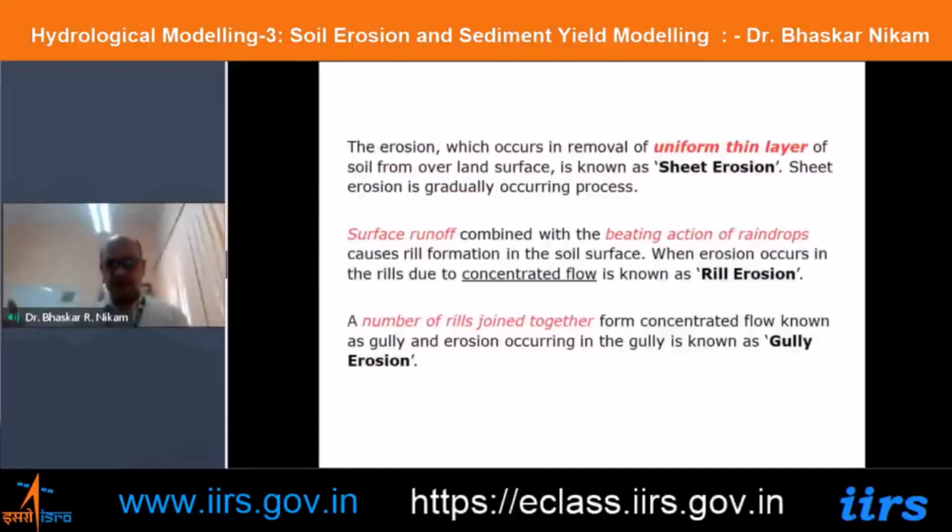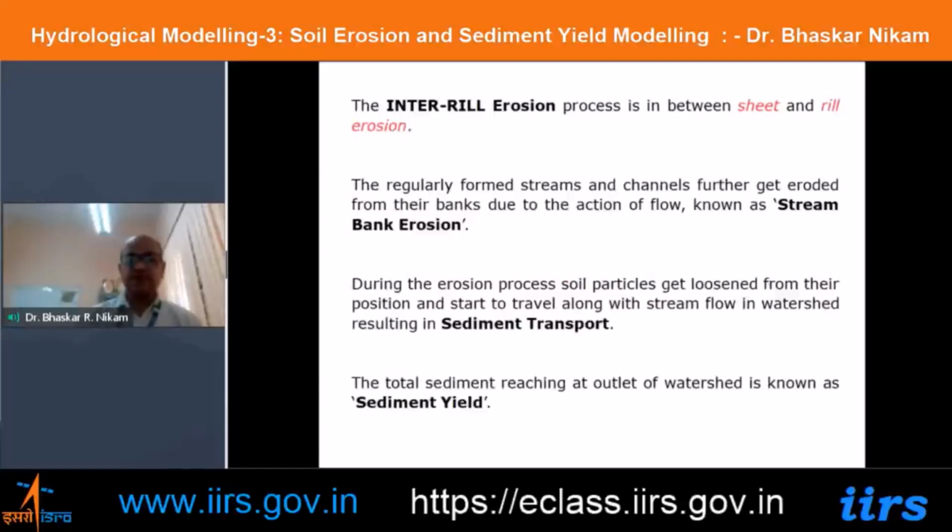Now the gullies will discharge their water into the stream, there will be stream bank erosion, and the water in the stream will transport that soil and take it out of your watershed, which is sediment transport, and the soil the water has taken out of your watershed will be termed sediment yield. So today we are going to see how we can estimate soil erosion, as well as how we can estimate sediment yield.